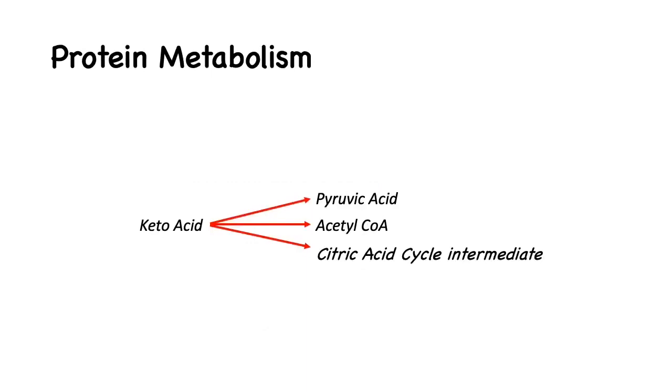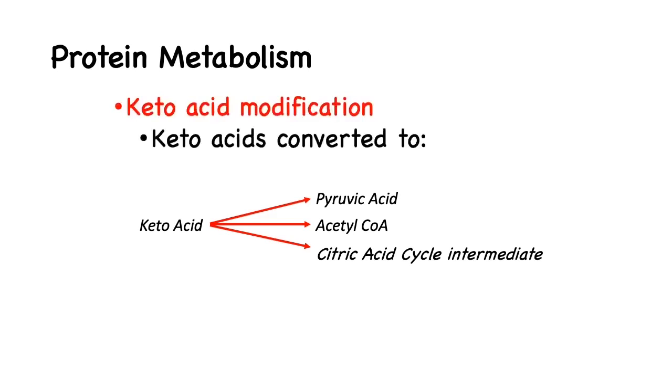The last process I'm going to cover in protein metabolism is keto acid modification. During keto acid modification, keto acids are converted into other molecules such as pyruvic acid, acetyl-CoA, and intermediates of the citric acid cycle.